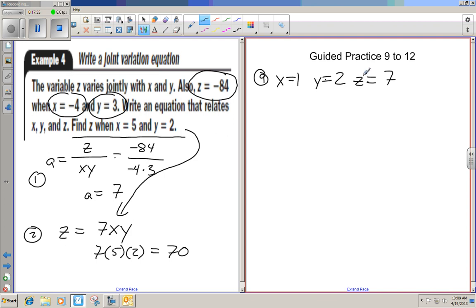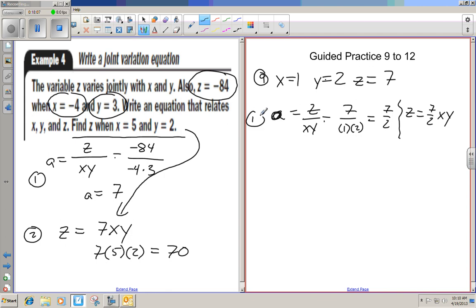Use the given values to write an equation relating them together. So let's find the constant of variation, which is z over xy. That means it's 7 over 1 times 2, which is 7 halves. So once you do this part of the work, the equation should be a piece of cake. Z equals 7 halves xy.